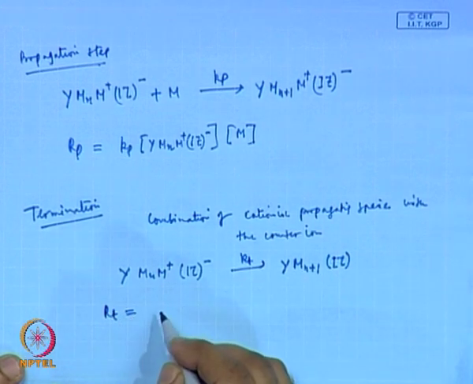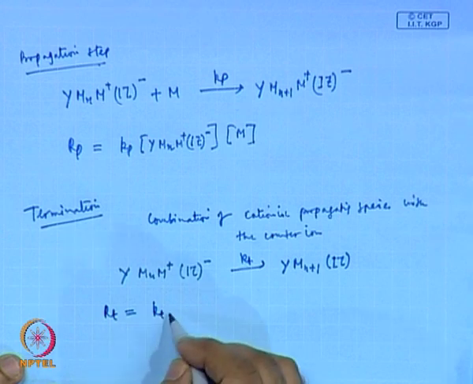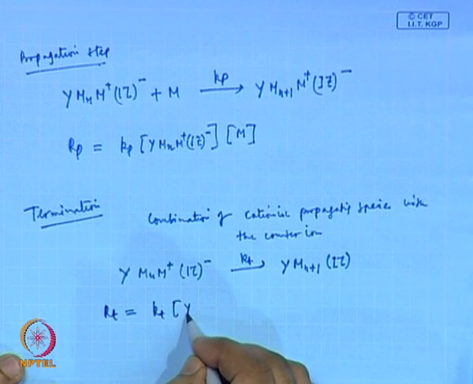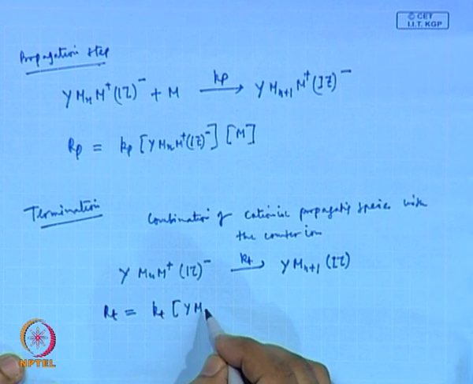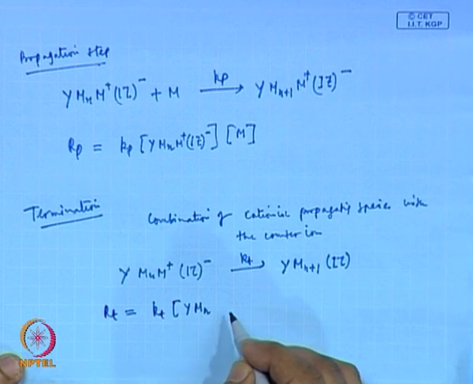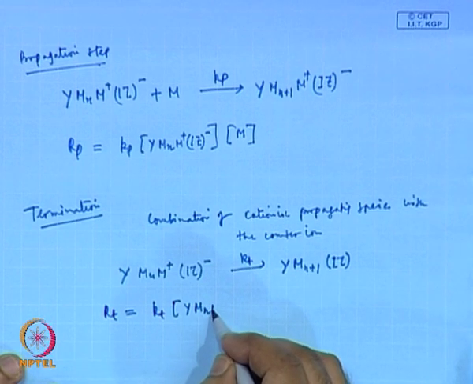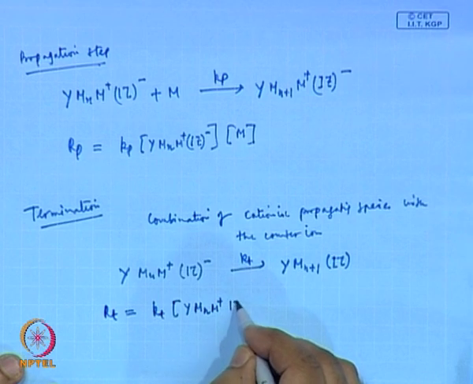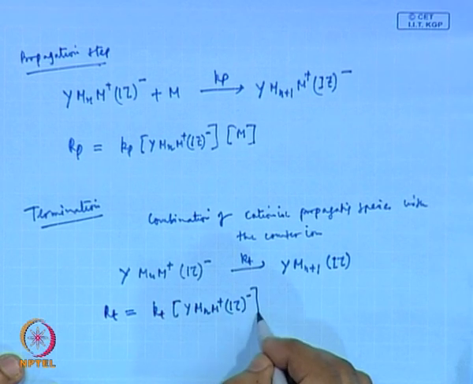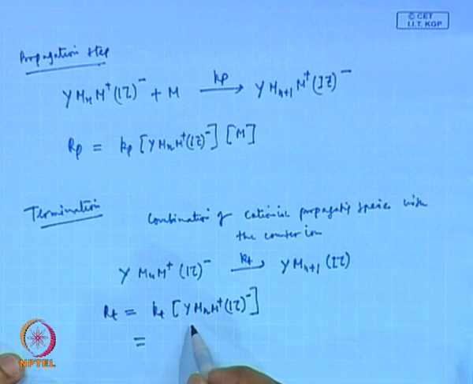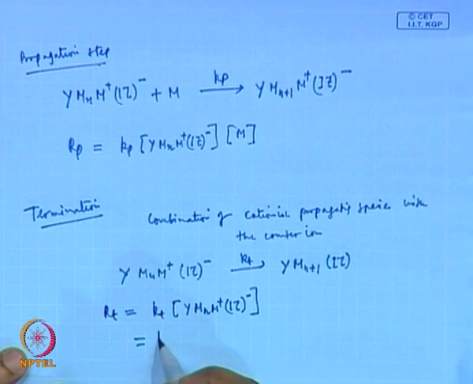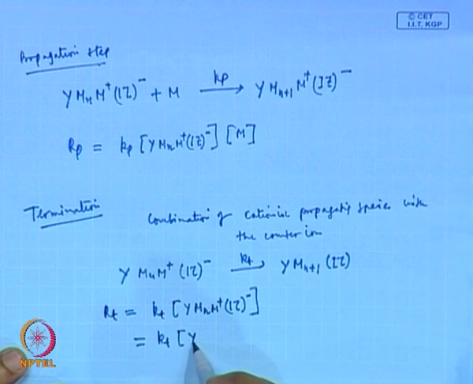So, Rt, the rate of termination, is given by the concentration of, now for simplicity, just like the earlier case of radical polymerization, let us write this only M plus.